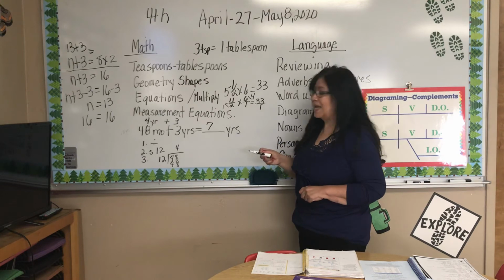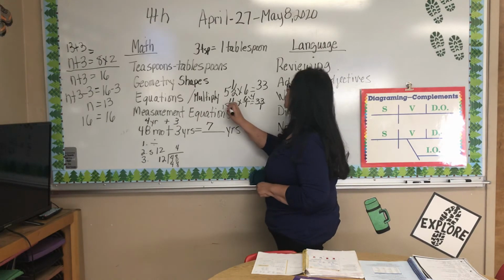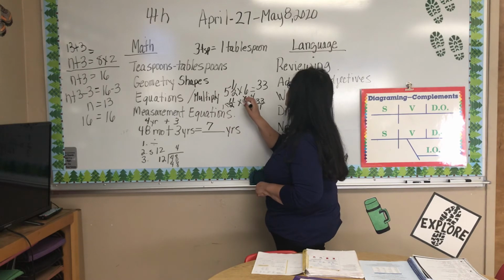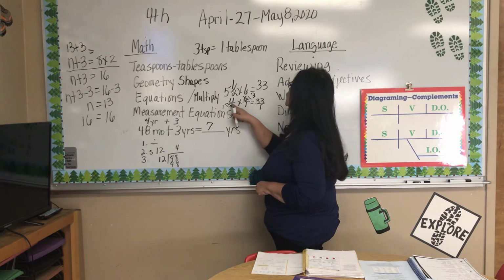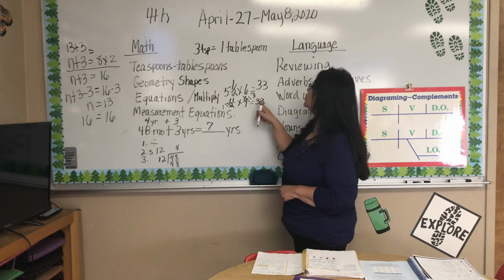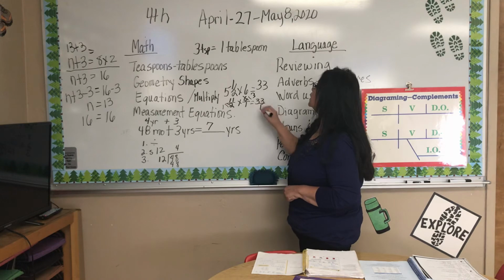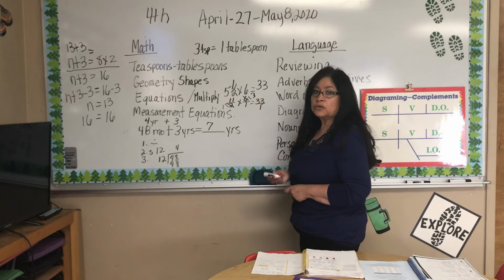Now don't forget to cancel out. 2 can go into 2 one time. 2 can go into 6 three times. Okay, so then you do the problem. 11 times 3 is 33 over 1. It still is a whole number, so your answer is 33.